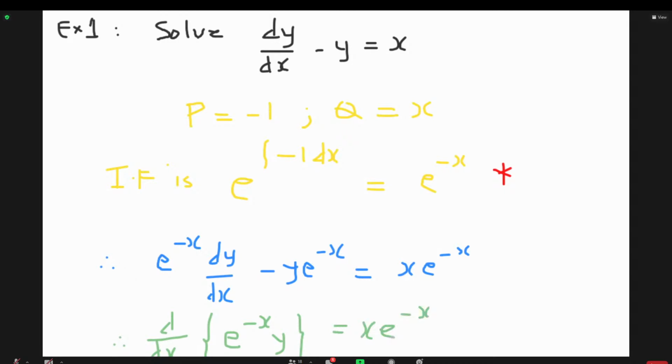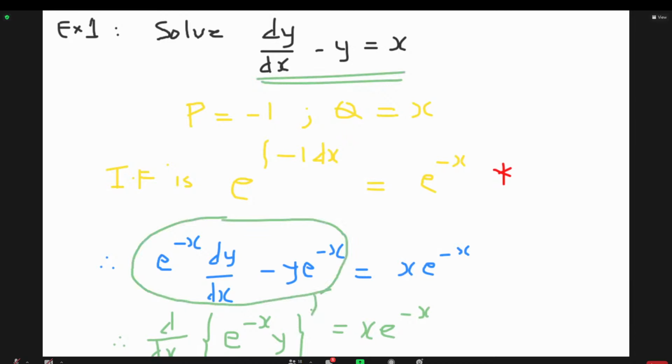Okay? So by multiplying this by our integrating factor, we end up with this, but that is what we can rewrite as this. Okay?